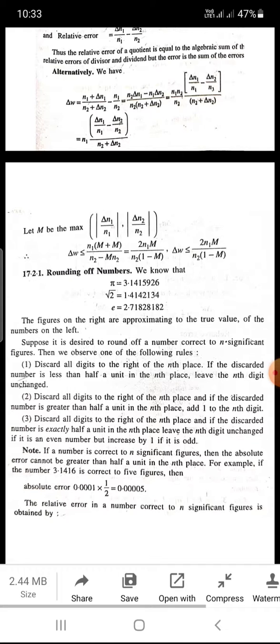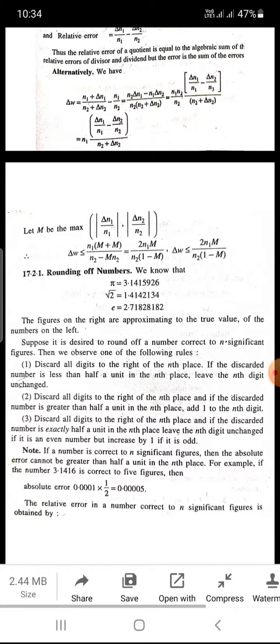Discard all digits to the right of the nth place, and if the discarded number is greater than half a unit in the nth place, add 1 to the nth digit. Third, discard all digits to the right of the nth place. And if the discarded number is exactly half a unit in the nth place, leave the nth digit unchanged if it is an even number, but increase it by 1 if it is an odd number.